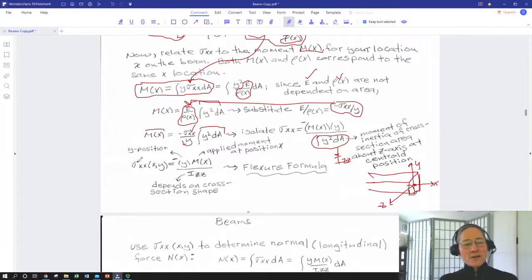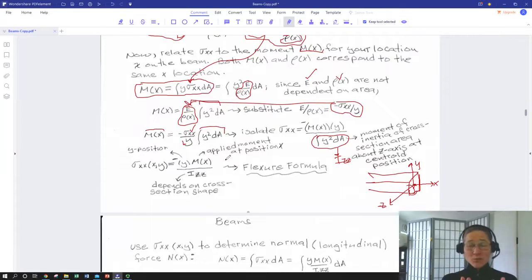So here we go. The normal stress in the x direction, so longitudinal stress in the beam, at any point x along the beam, at any distance y above the neutral axis of the beam, is going to be equal to negative the distance above the neutral axis times the applied moment at that position.